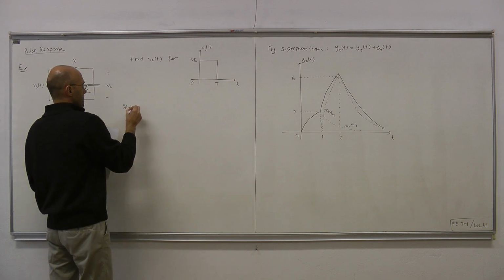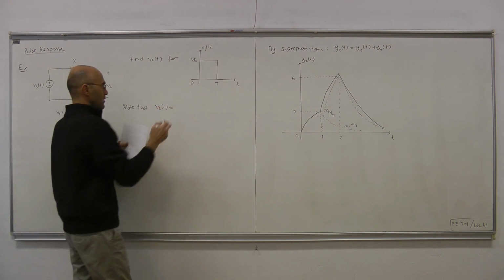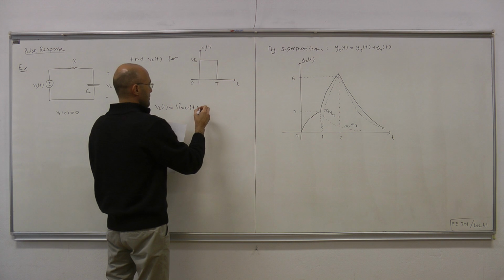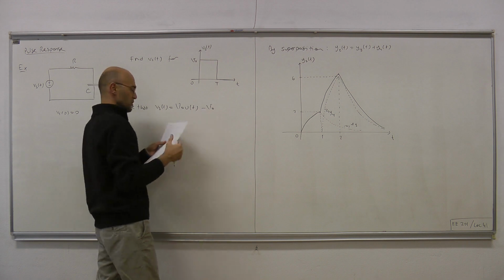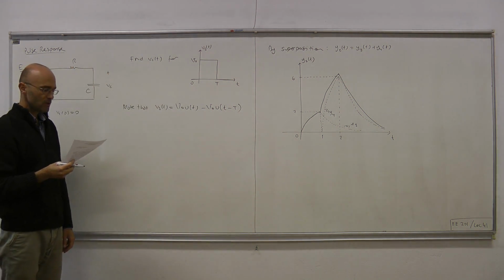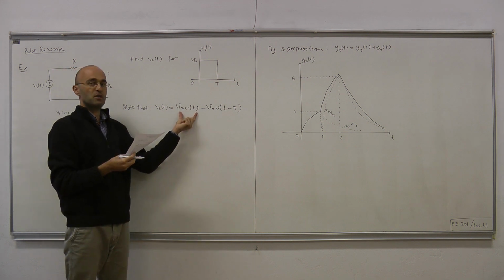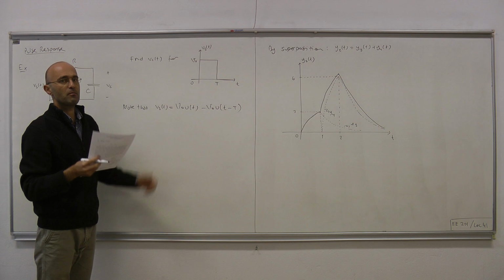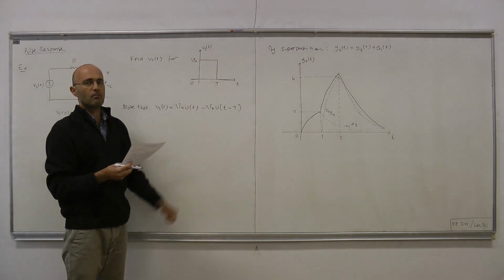Note that Vs of t can be written as a step with magnitude V0 and a delayed step with the same magnitude but opposite sign, u of t minus capital T. Therefore, take the step response, multiply by V0, and that's the first piece of the output, and then you do the same thing for the other one and sum those two separate outputs, and the overall result would be the pulse response for this waveform.